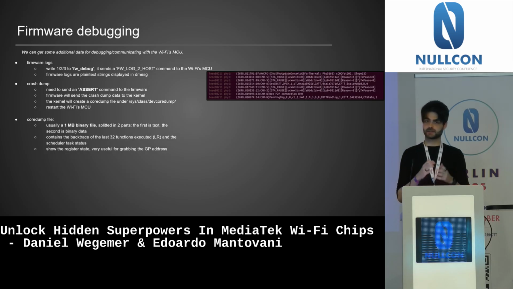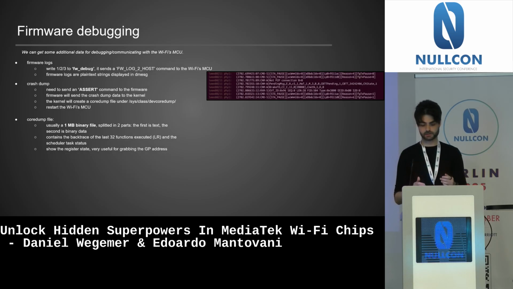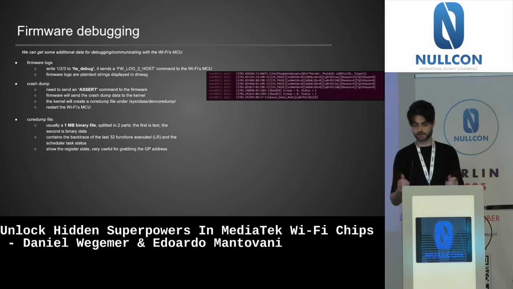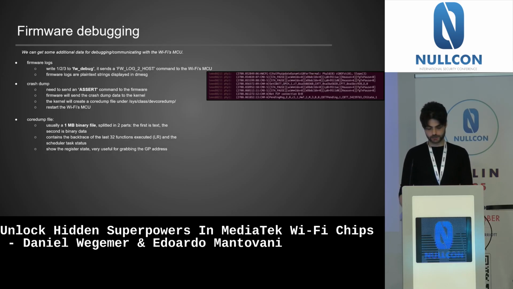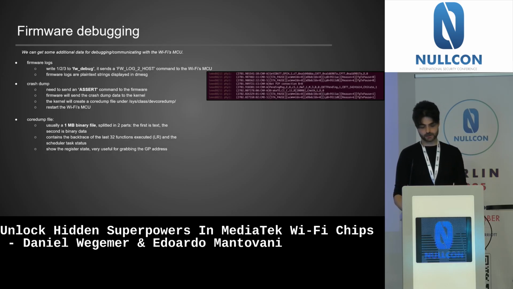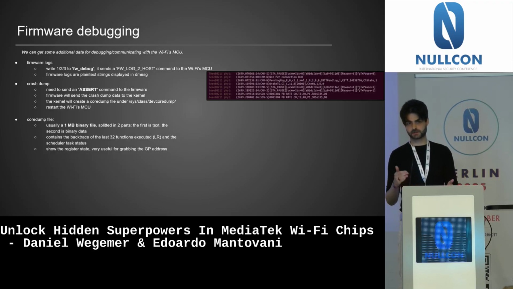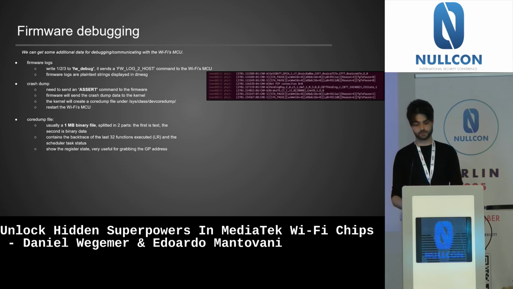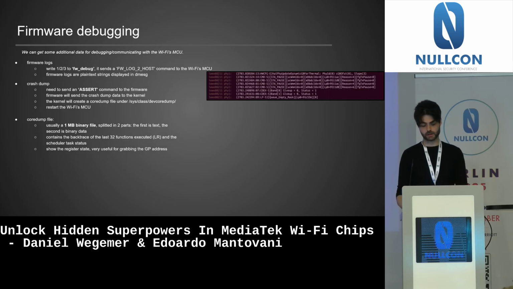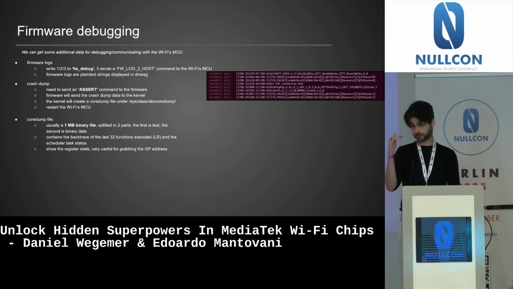The first one is the text part, and it is, let's say, the most important. Then there is just some binary data. The text part contains the backtrace of the last 32 functions executed before halting the firmware, and in those strings you can understand the function flow.